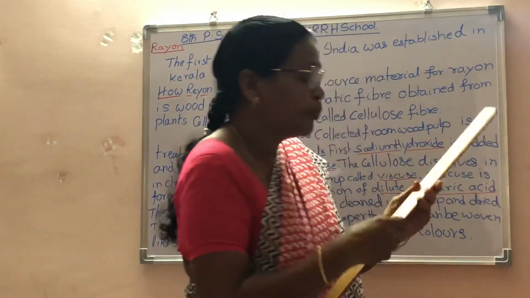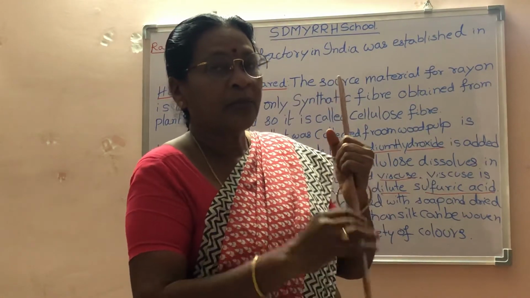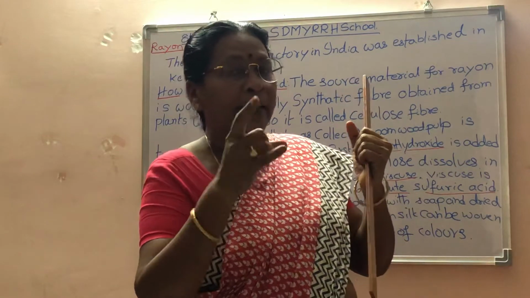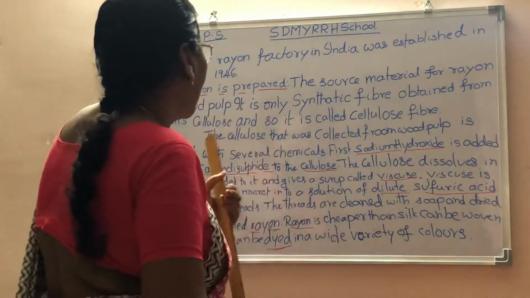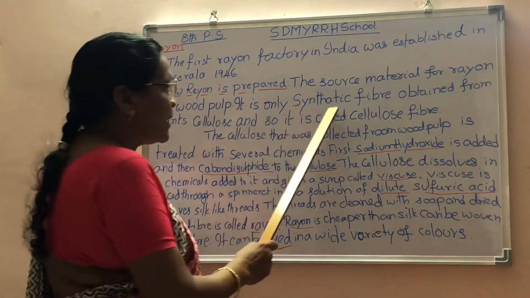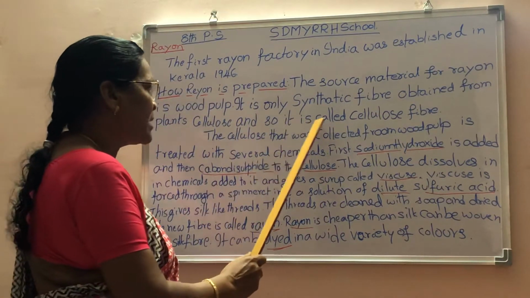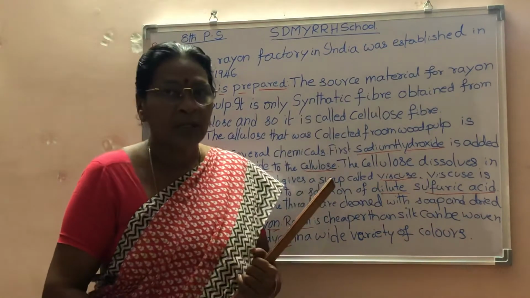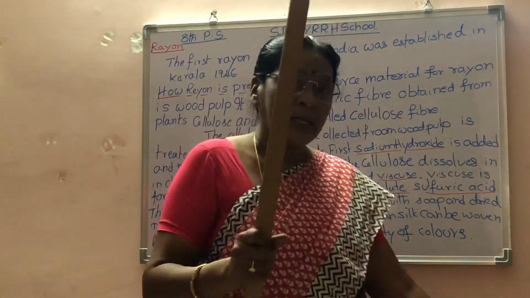This wood is broken into pieces and becomes powder, and it dissolves in water and some chemicals. That is wood pulp. It is a synthetic fiber obtained from plant cellulose, and so it is called cellulose fiber.